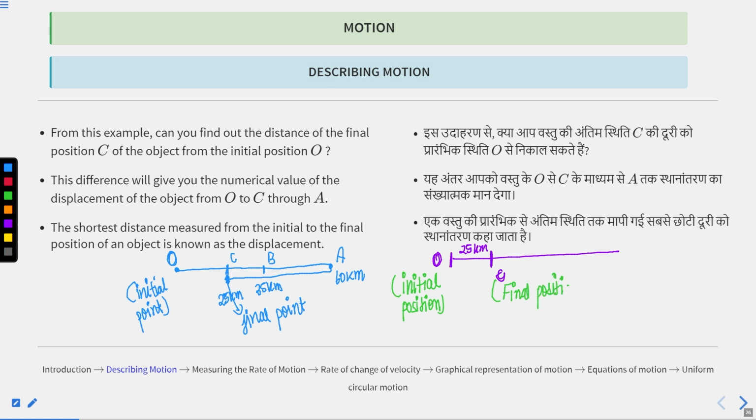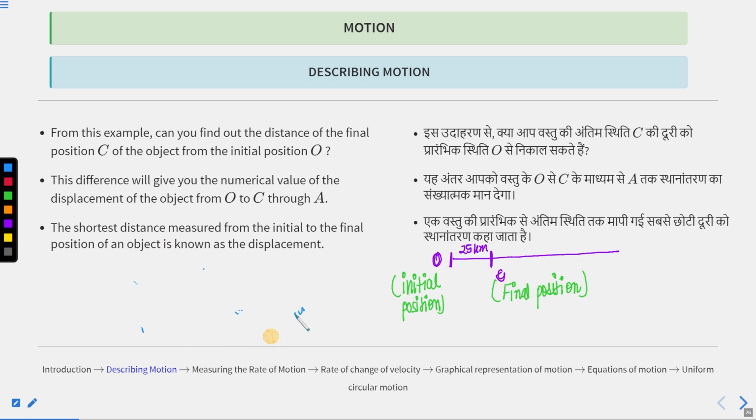If I ask you one question, how much did you displace, what will be your answer? Okay, it is clear that you first go from O to A, then you return back to C. But if I ask you how much you have displaced from your initial position, or how much your position shifted, then your answer will be 25 kilometers, because you are at C position.